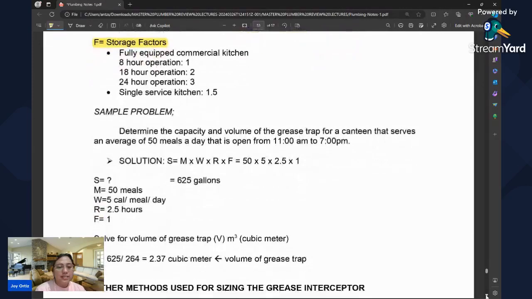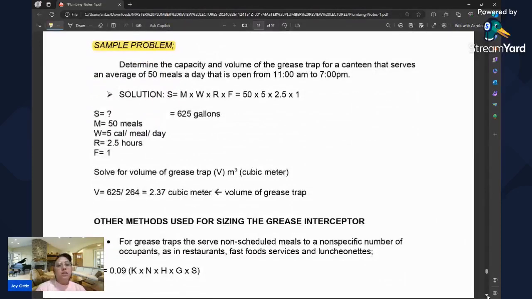So, here's the example. Meron tayong example for the solving. Determine the capacity of the volume of the grease trap for a canteen that serves an average of 50 meals a day.